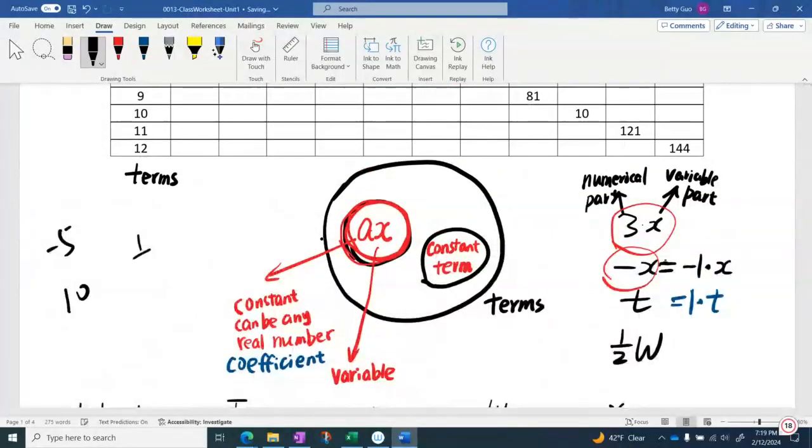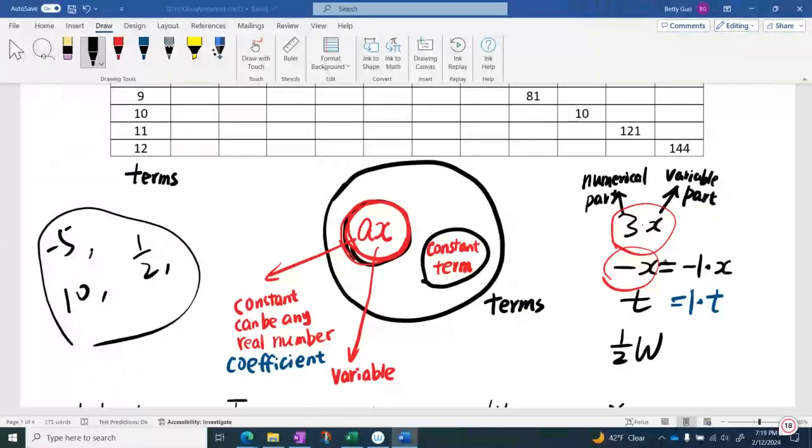I have a question here. Are they like terms? We agreed earlier they are also terms, right? They are constant terms. They belong to this subset. In fact, all the constant terms are like terms. Of course, you can combine them. You just add them as numbers, right?